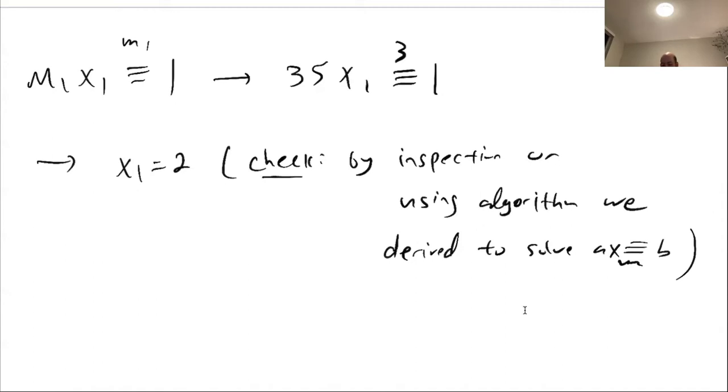Here GCD of 3 and 35 is 1, so we can solve it using the algorithm. Or as I said, in the case that the numbers are small or it's easy to guess, you can first try to guess.